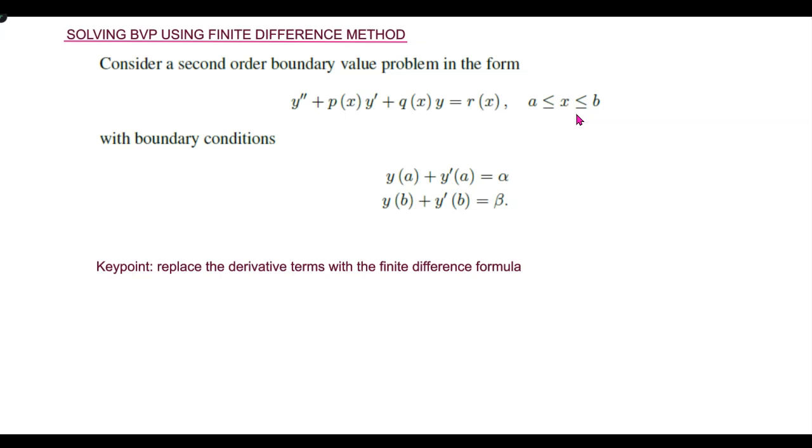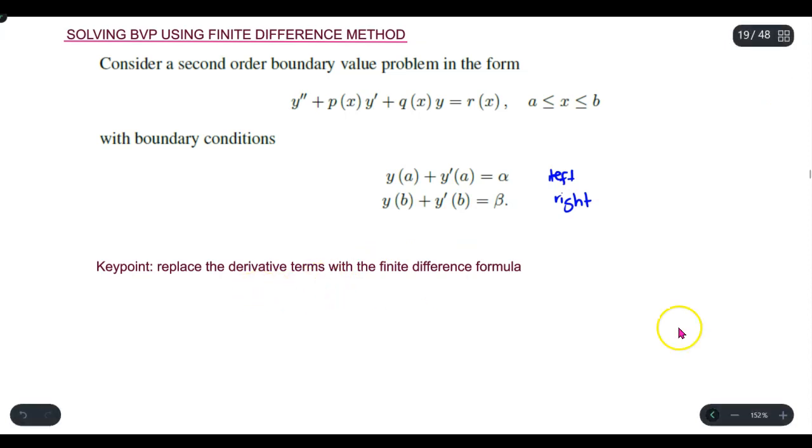All right, and you are supposed to be given two boundary conditions. The first one is supposed to be at the left boundary and another one is at the right boundary, of course. So this is your left boundary and this is right boundary. So by the finite difference method, it means that what we are going to do here is replace the derivative terms with the finite difference formula.